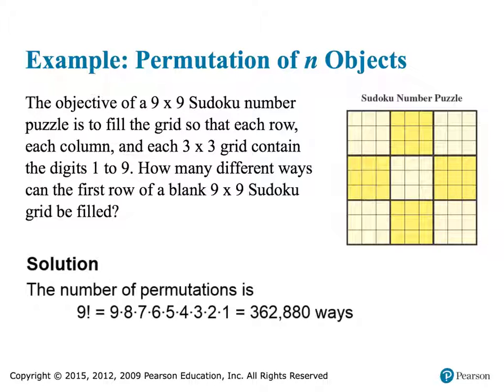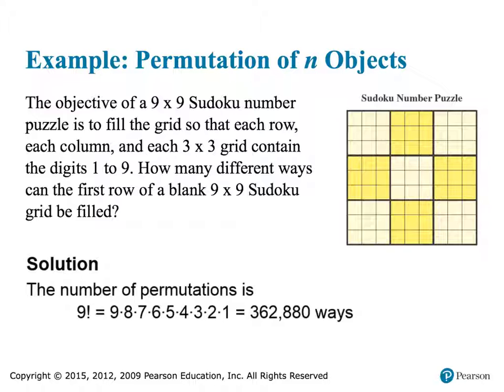So let's take a look at this example from a Sudoku puzzle. The objective of a 9x9 Sudoku number puzzle is to fill the grid so that each row, each column, and each 3x3 grid contains the numbers 1 through 9.